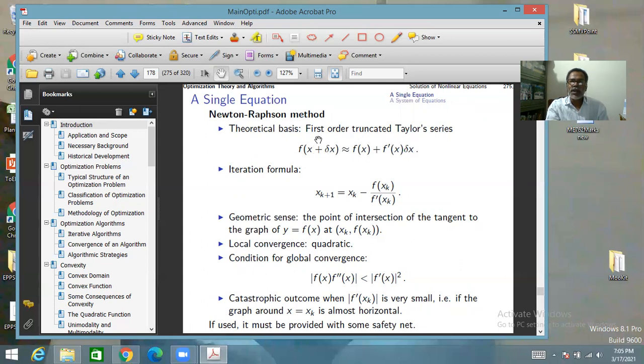If from a given x you want to find delta x so that at x plus delta x the function is zero, then you equate this to zero and solve it. You find delta x, which will be minus f by f prime, and then you add that to the current x and you get the Newton-Raphson iteration formula, right?